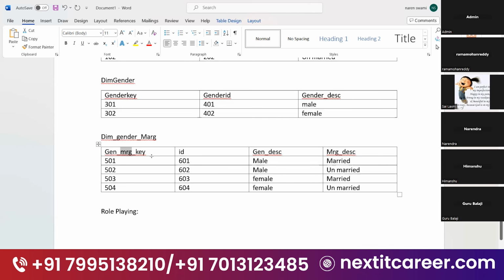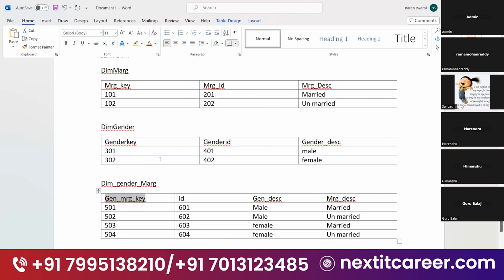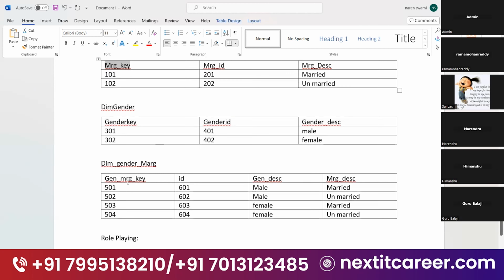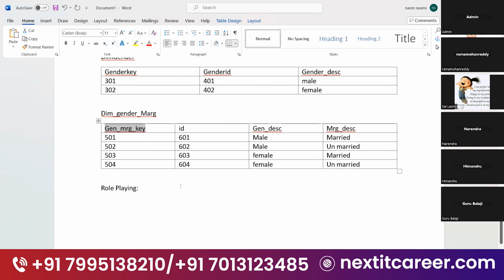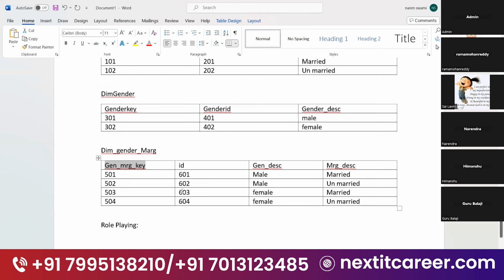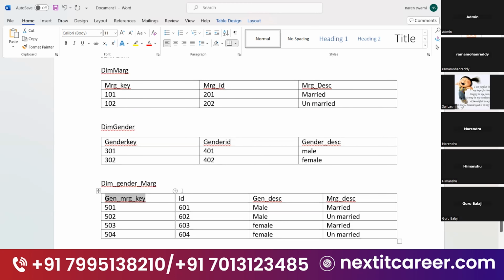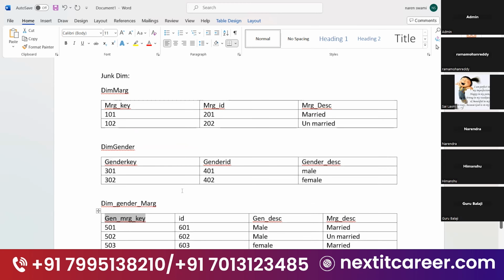Here we are using the database memory correctly, having only one key in a fact table, and while executing the query, instead of joining on two keys we join on one key, so the performance time is reduced, right? Yes. So that is the use of the junk dimension. Got it? Yeah. Okay.